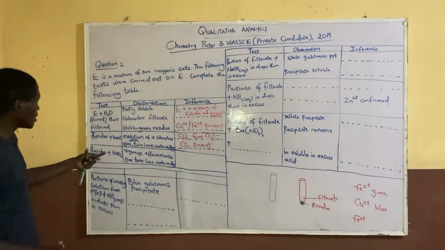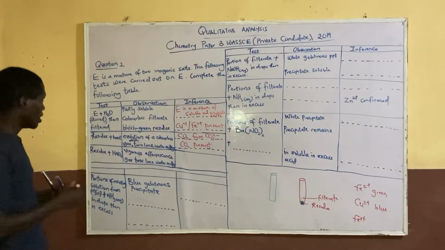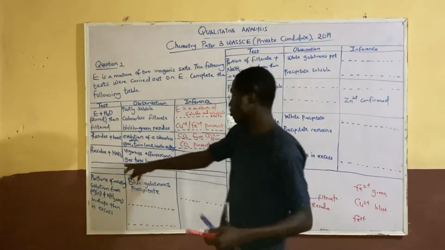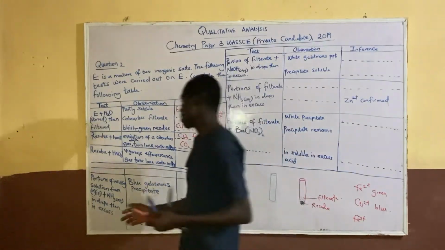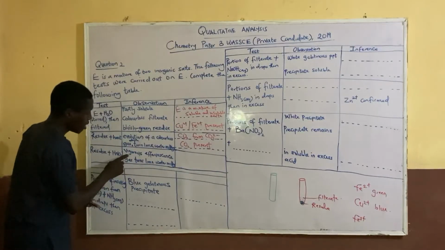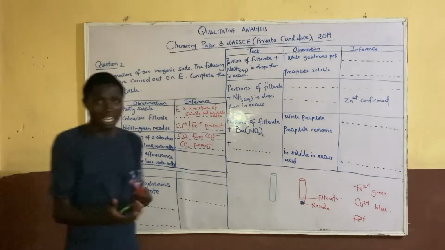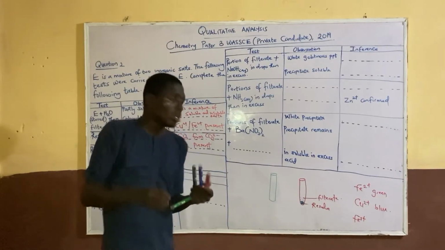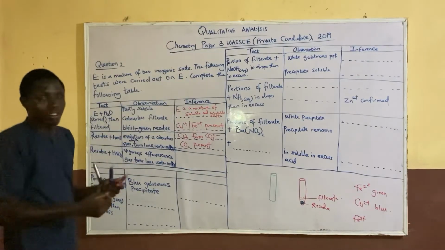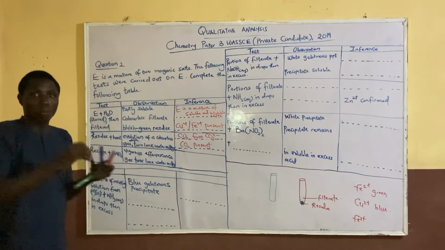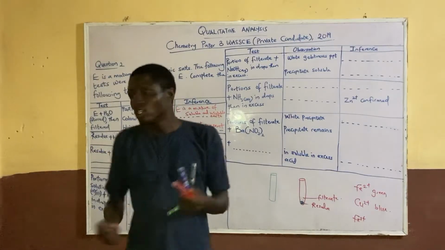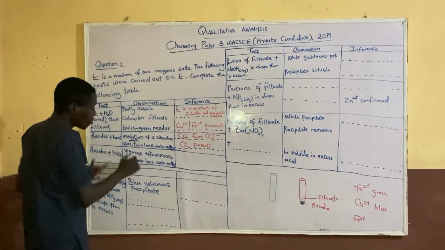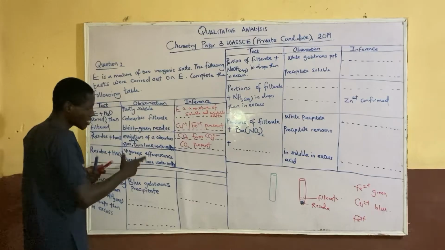Now, residue plus HNO3. You bring a portion of the residue again, and you add an acid to it, a mineral acid, and the mineral acid is HNO3. Vigorous effervescence occurs, that is, there is a release of gases, a kind of bubble. The effervescence, the bubbles of gas, turns lime water milky.